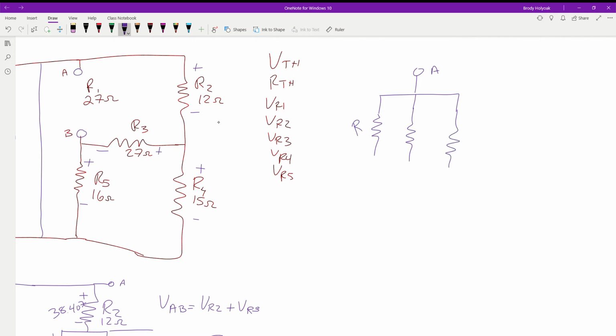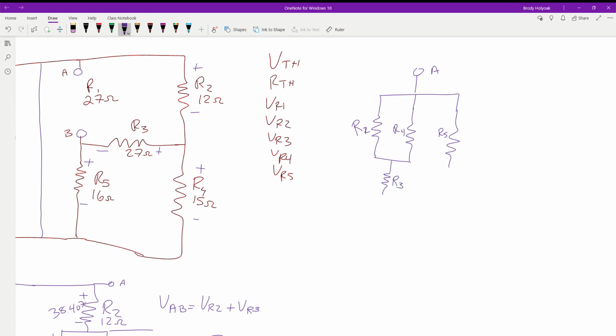So we got R1, or sorry, R1 is the one we took out. So R2, R5, and R4. Now, we're going to look at what all these other guys are connected to. So what is R2 connected to? R3 and R4. So we know we're going to have a connection here, right?